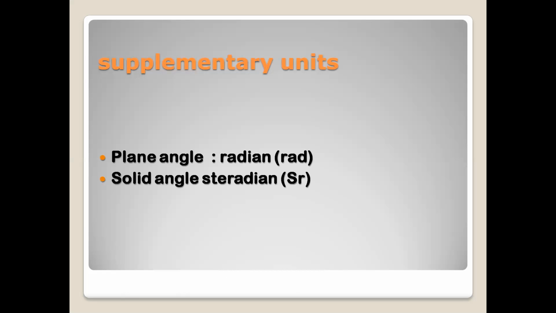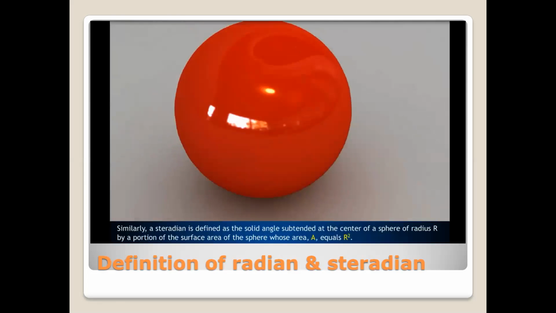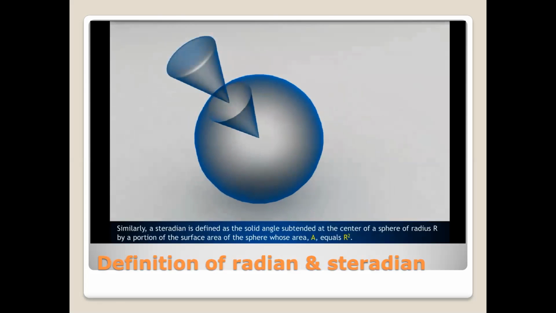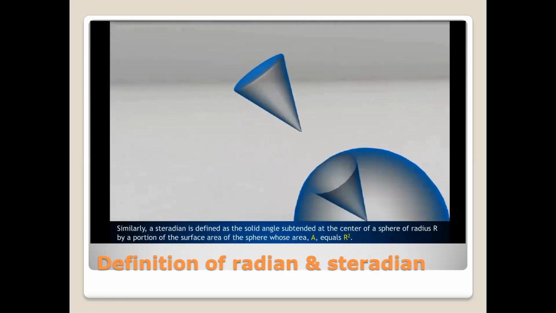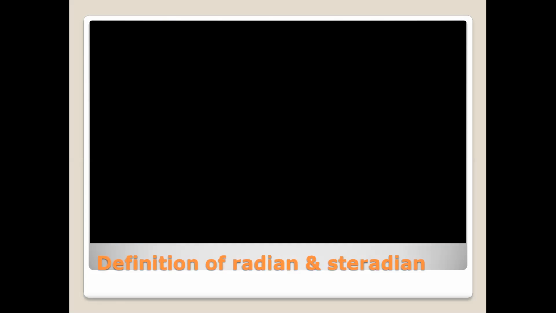Second one is solid angle, its unit is steradian, and we'll use the symbol SR to represent it. It also has a proper definition by the International System. 1 radian is obtained in an arc with length equal to 1 meter, whereas steradian is defined as a solid angle subtended at the center of a sphere of radius r by a portion of the surface area of the sphere whose area is equal to r square.